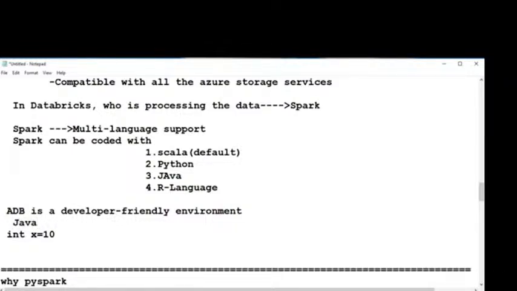In Scala, you will say var x equal to 10. Var or val, we use keywords like var and val. In Python, you just say x equal to 10. This way it differs from programming language to programming language. Here int, here var, here no need of anything. Directly you say x equal to 10.